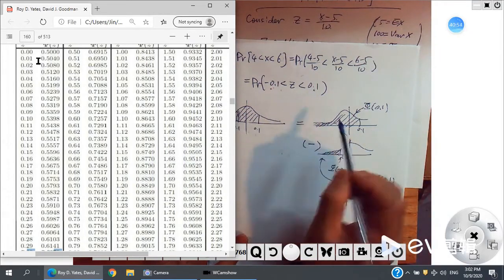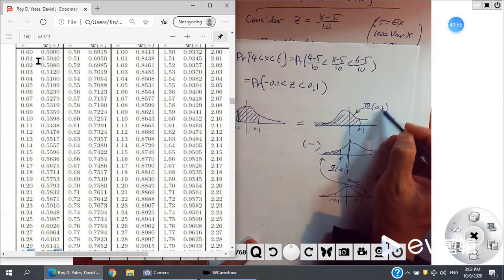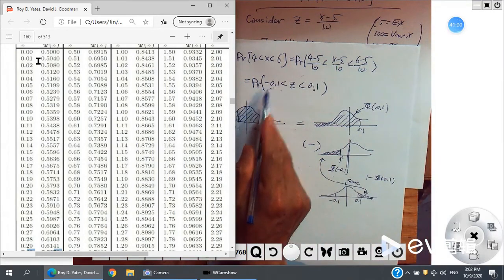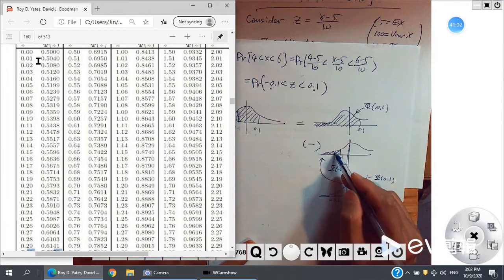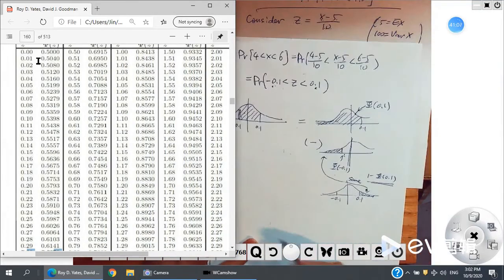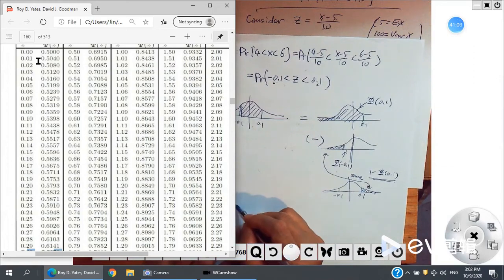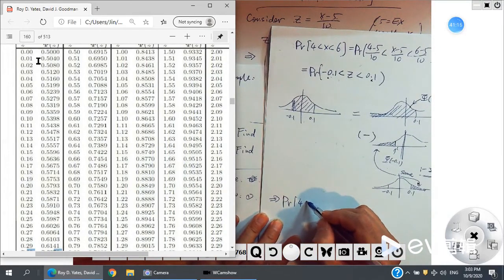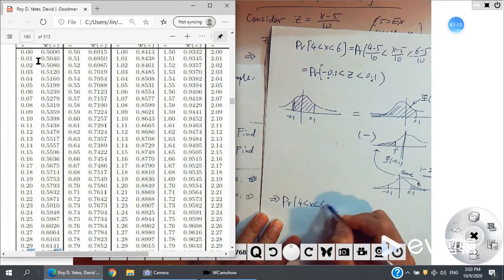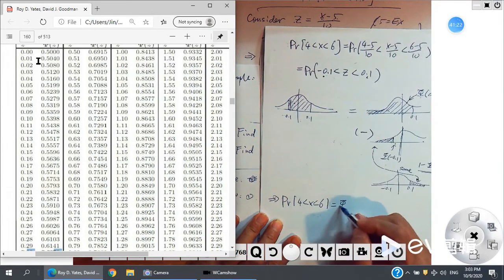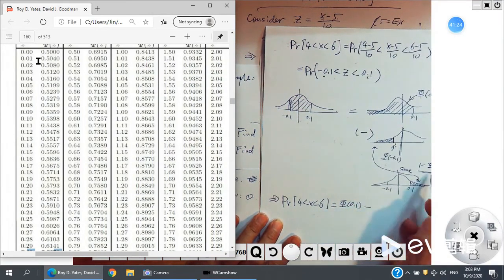If here's a 0.2, then here will be 0.2. And this 0.1 is just related to this 0.1. Okay, so from here you get this one, and this one is just this. Now we have this result: the probability of x between 4 and 6 will be this one minus this one.